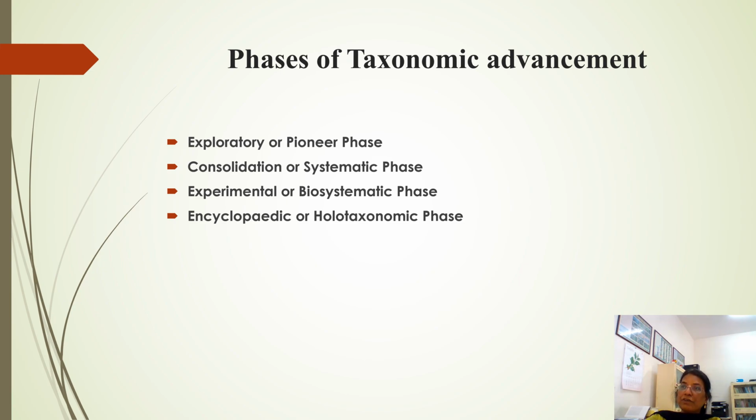The exploratory or pioneer phase marks the beginning of plant taxonomy, collecting specimens and building herbarium records. The few specimens of a species in the herbarium are the only record of its variation. These specimens are, however, useful in a preliminary inventory of flora through discovery, description, naming, and identification of plants.